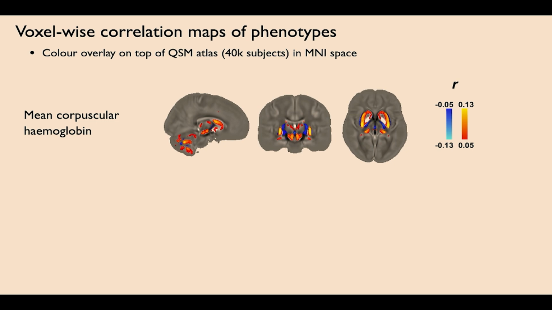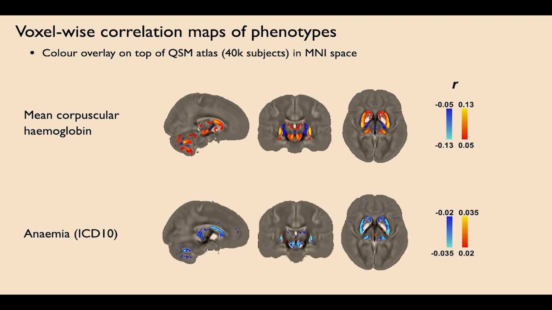Similarly, we can do voxel-wise correlations with a given phenotype. Given that we are running out of time, I just want to highlight the spatial patterns for the strongest association, with hemoglobin, again across the subcortical regions and also regions that were not captured by our ROI, for instance, cerebellum.